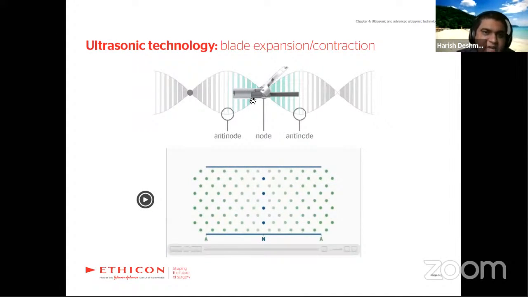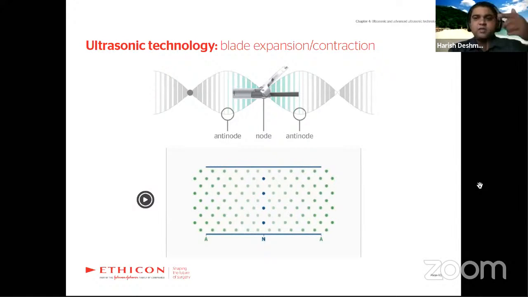So the Harmonic blade, I hope my video is visible. The Harmonic blade you see here is like this. Okay, this is the blade. When you activate the energy, we see with the naked eye the blade moving like this, up and down, to and fro.